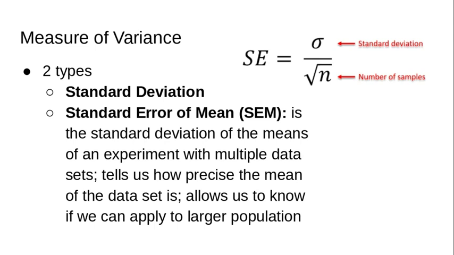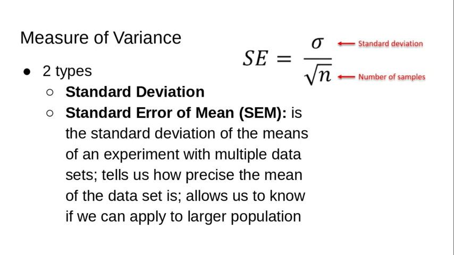So basically, if we ran an experiment and we had multiple trials and we averaged the data on each of those trials, we could run a standard error calculation to see how spread out the mean is for all of the data sets.